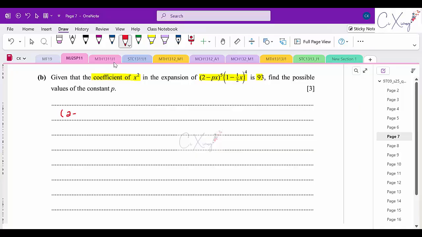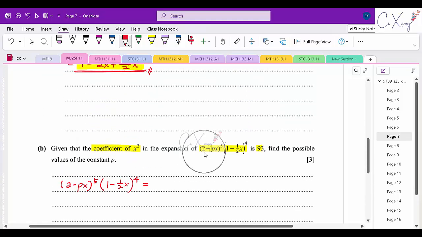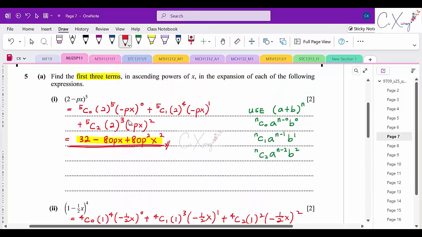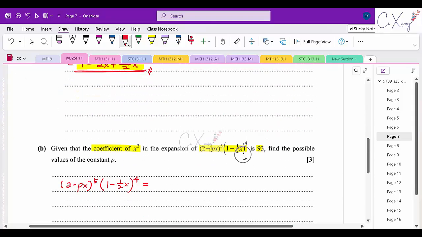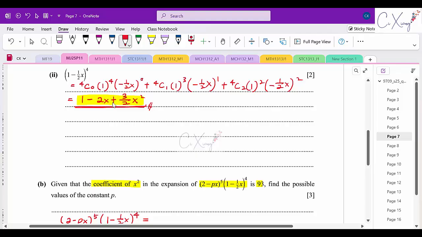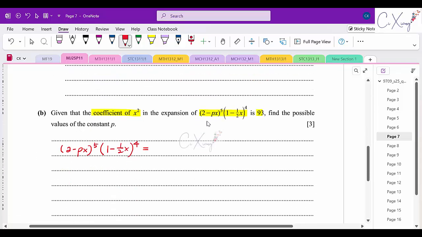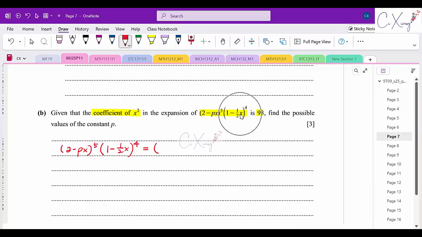In part B, you are having 2 minus px power 5 and also 1 minus half x power 4. If you try to have a look at 2 minus px power 5, we are having the first three terms here. Then second expansion, 1 minus half x power 4 is this one. Right? Then to simplify this expansion and get the x squared, you have to use the expansion for these two expressions first.